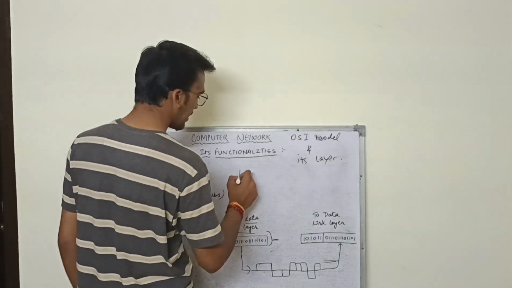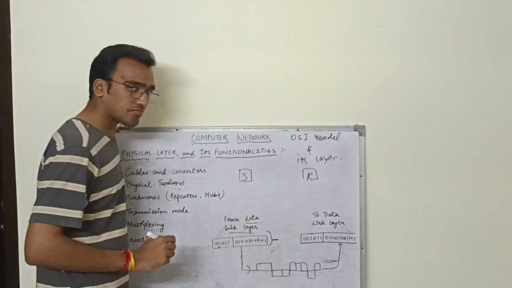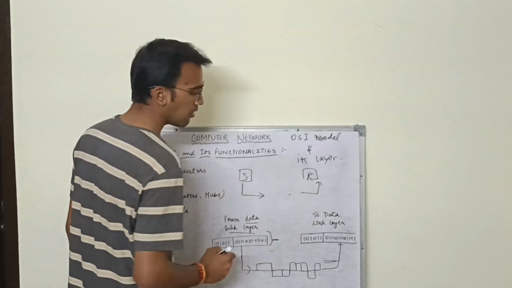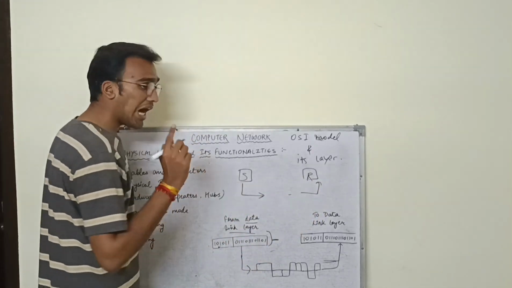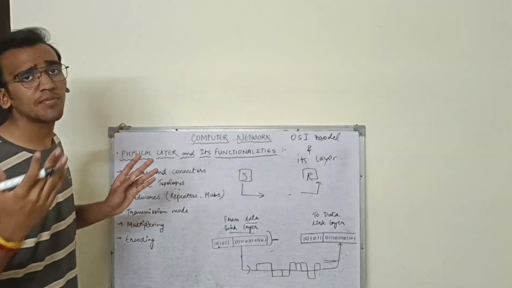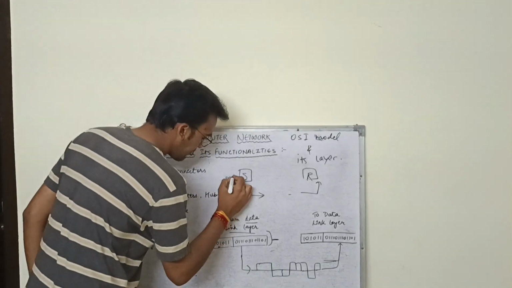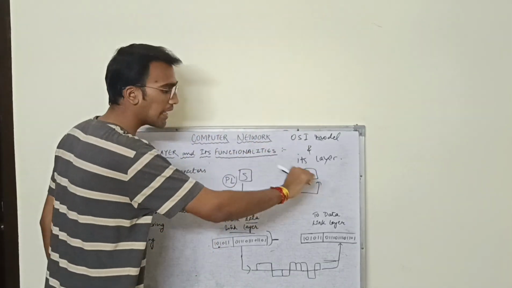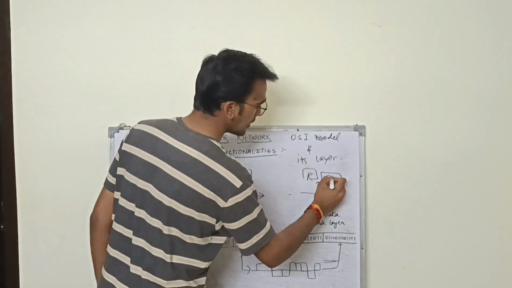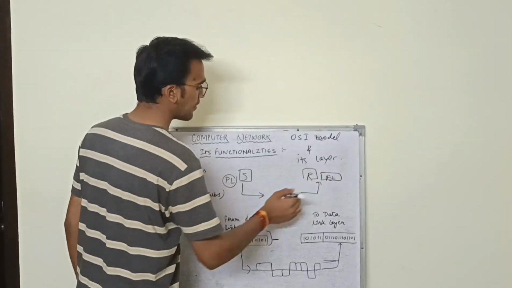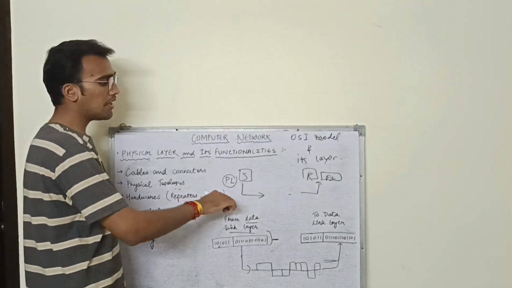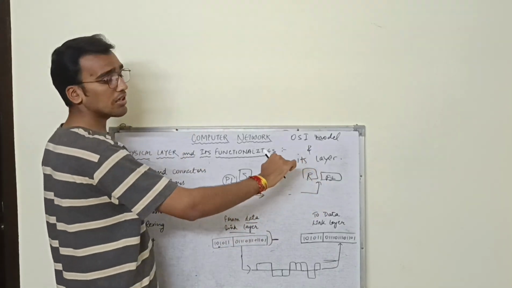There is a sender S and a receiver R. The sender sends the data and the receiver receives the data. The last layer on the sender's side, which transmits the data, is the physical layer, and for the receiver, the first layer that receives the data is the physical layer.